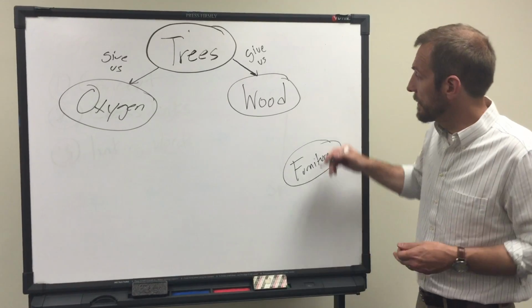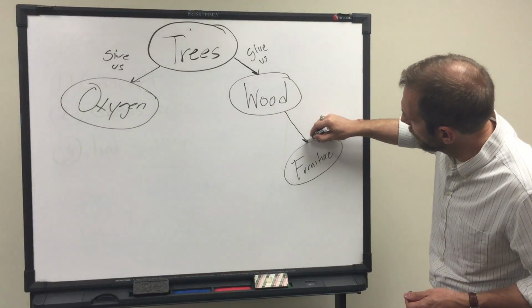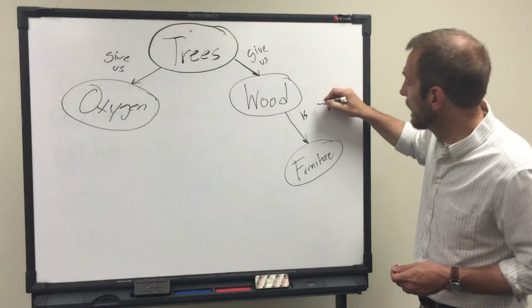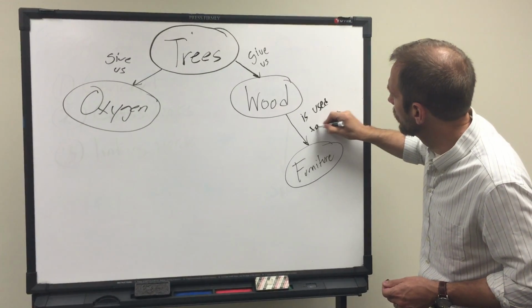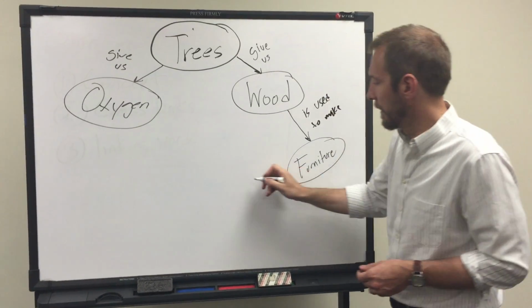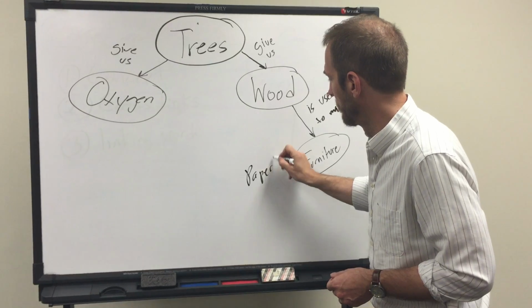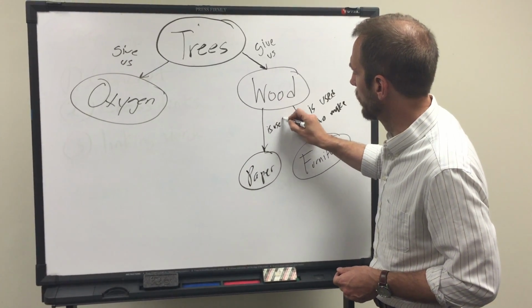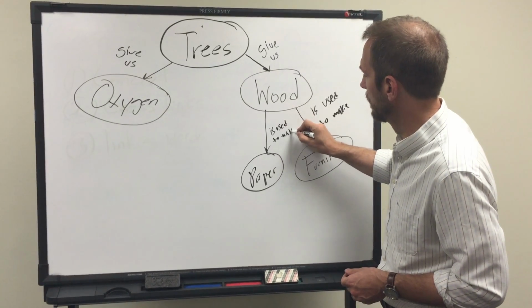We can say that wood is related to furniture using a crosslink, and my linking words I can say is used to make. Wood is used to make furniture. How about paper? Crosslink, linking words is used to make.